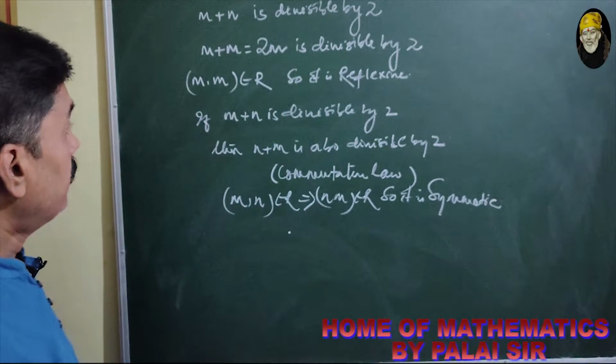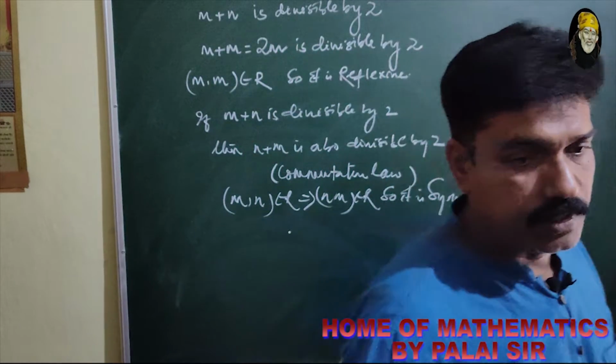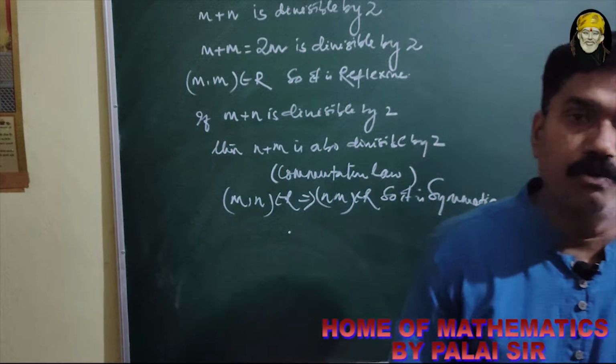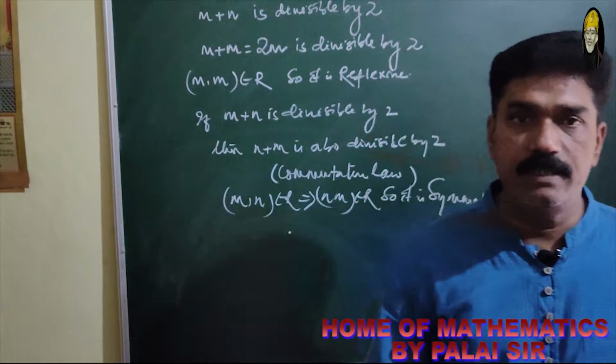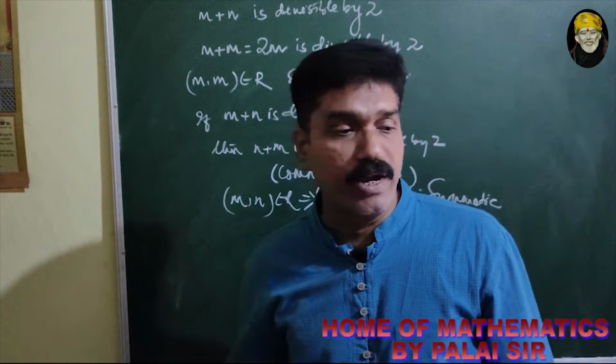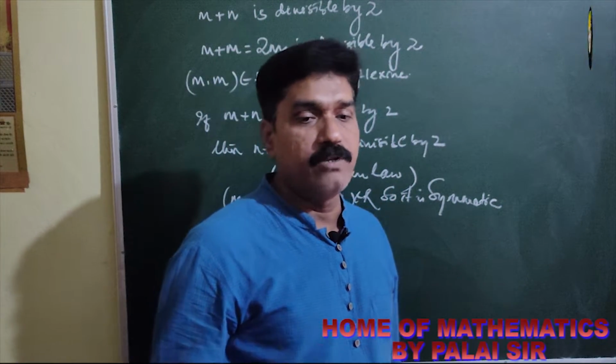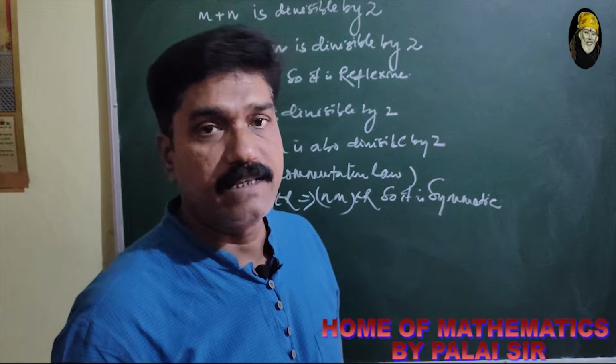Clear? Next is your transitive relation. What is the condition for transitive relation? If xy belongs to R and yz belongs to R, then this implies that xz belongs to R. It means the relation which is going to exist in between x and y and z, the same relation should exist in between x and z.